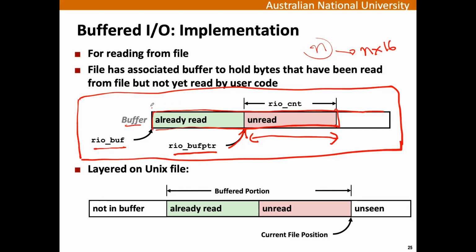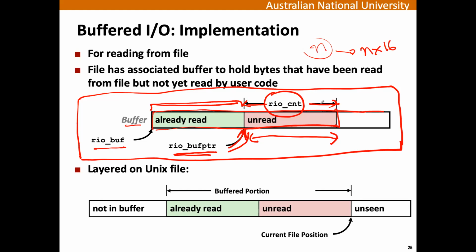Some number of bytes have already been read. These are bytes that the programmer has already seen. This is a pointer to the beginning of the data that hasn't been read. And the RIO count is how many bytes are left unread, starting from the buffer pointer.